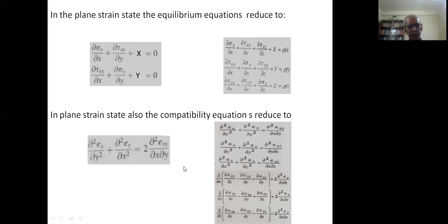So you see, in plane strain condition, we have got simpler equations to solve and things become much simpler because we have assumed that it's a long prismatic component where the variation of strain in the z direction is 0.